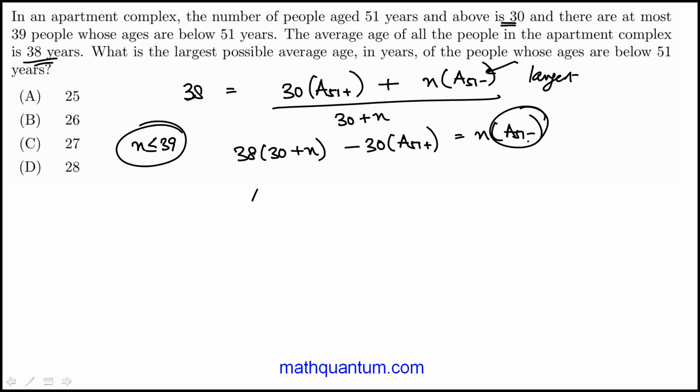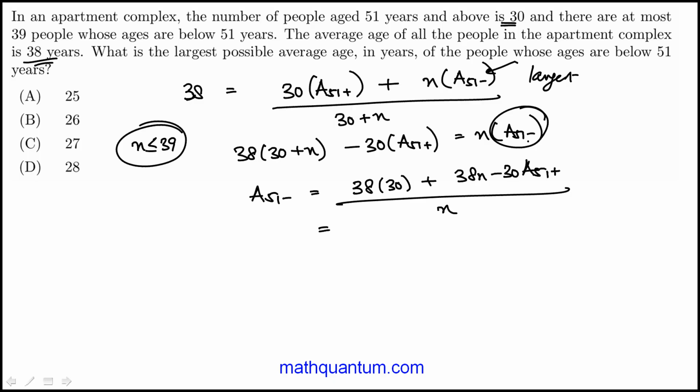This is the quantity I need to isolate, so I'll isolate that one. 38 times 30 plus 38N minus 30 A51 plus, and then divided by N. So that's 38 times 30 over N plus 38 minus 30 times A51 plus over N. In fact, I can combine this, depending on how you're doing the algebra.